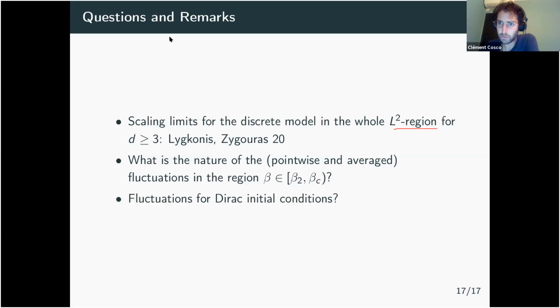Also, in the beta 2 region, the techniques we used don't seem to be enough, or maybe the phenomenon is a bit different, but we cannot understand exactly what happens when you start with Dirac initial condition, at least not in an entirely satisfactory way for now.